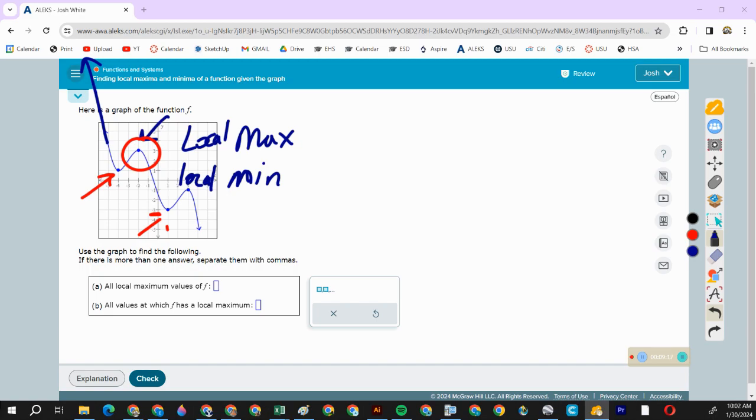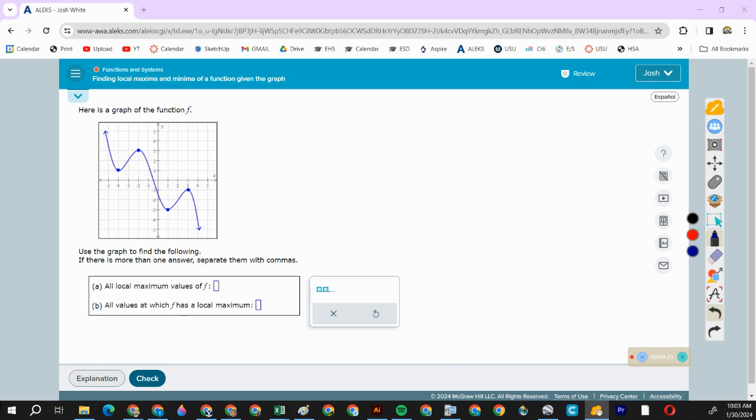So, what are the local maximums? So when we deal with maximums and minimums, we're talking y values. So the local maximum there is 3. The local maximum here is -1. Okay? And it says, what are the values at which f has a local maximum?